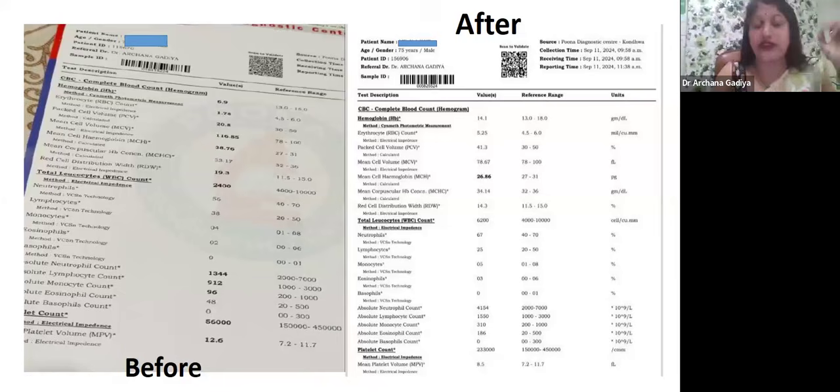After we started treatment, this is of July 24, and this is of September 24. Within 1.5 months, hemoglobin rose to 14.1, RBCs 5.25, platelets 2 lakh 33,000. So all the counts improved.